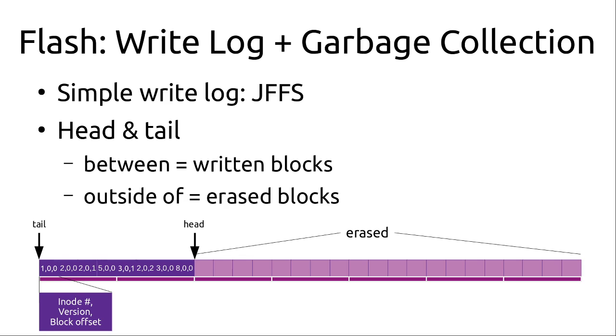So the big idea of JFFS is that we have a head and a tail, just like we do in any of the ring buffers we talked about in the class. Anything between the head and the tail is active, potentially active blocks. Anything outside of the head and the tail is erased, okay? Now, each of these blocks I've annotated, you see it broken out in the bottom left, with an inode number, which remember could be a file or a directory, the version of the data for that inode number, and the block offset within that specific inode number for that data.